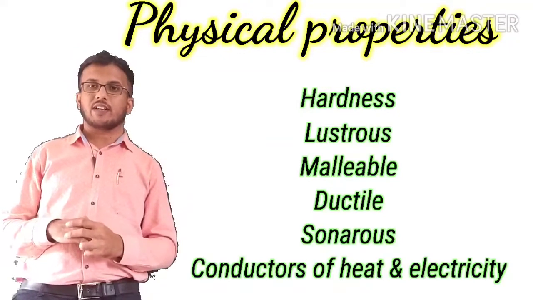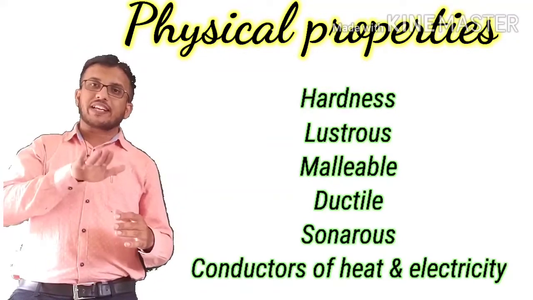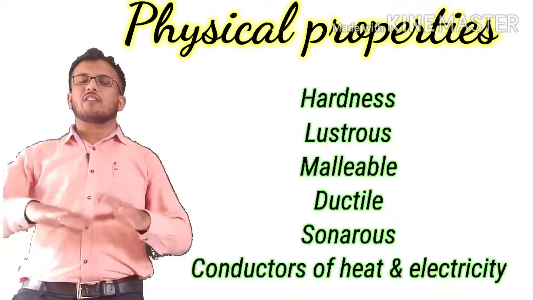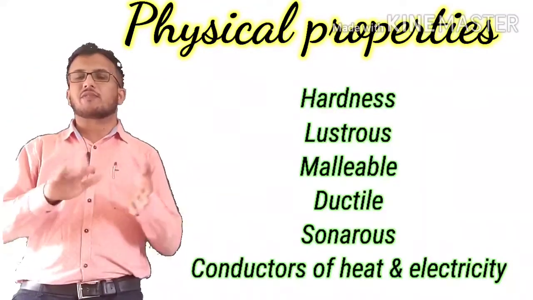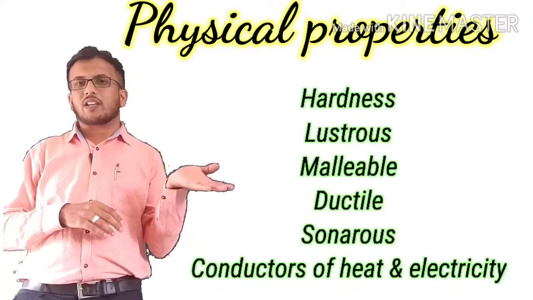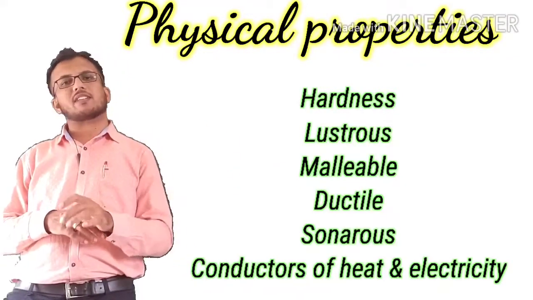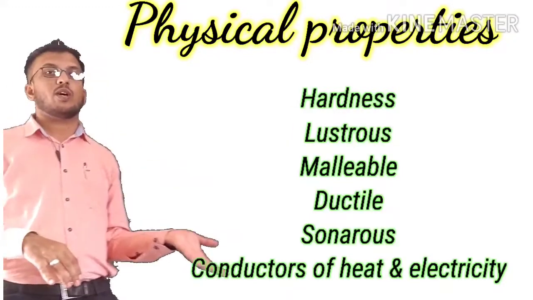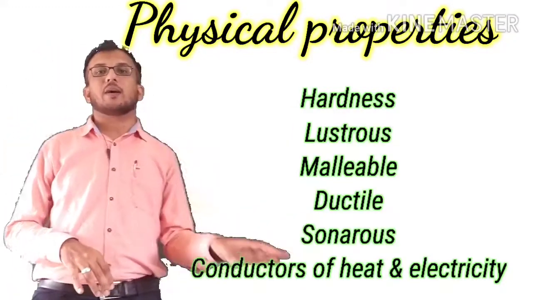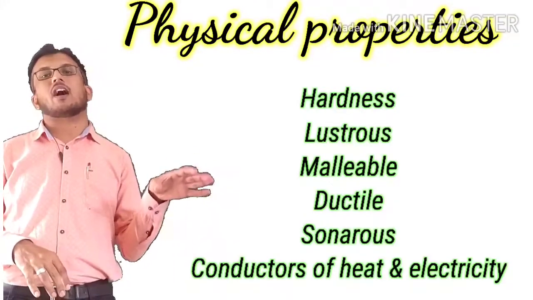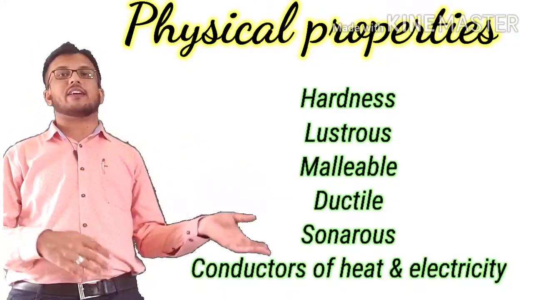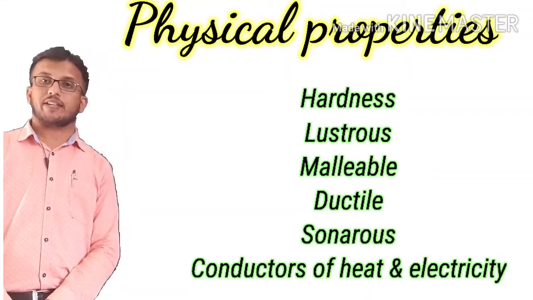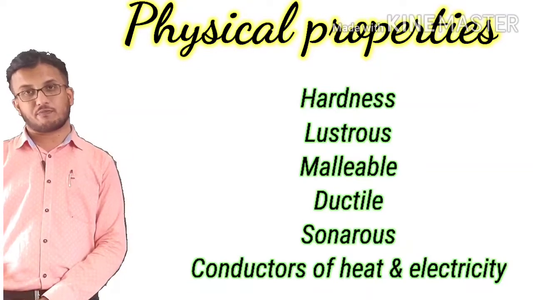I think you have seen it. We can make thin layers. You have also seen thin iron sheets. We can compress them, which we call malleability. Non-metals are non-malleable, so we cannot shape them the way we do iron or other metals. So this is not possible in non-metals.